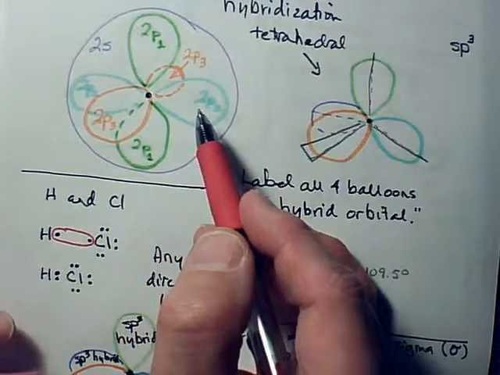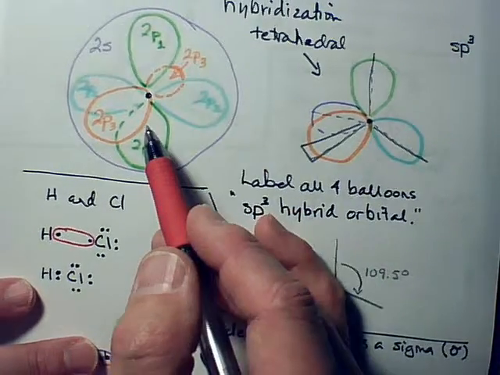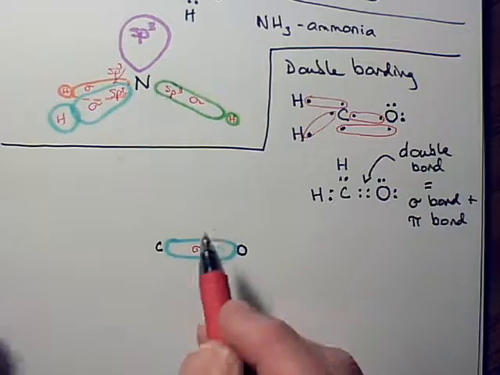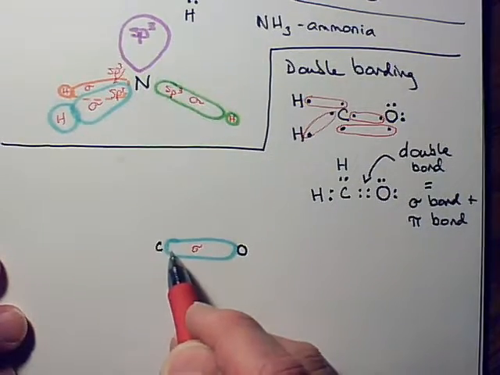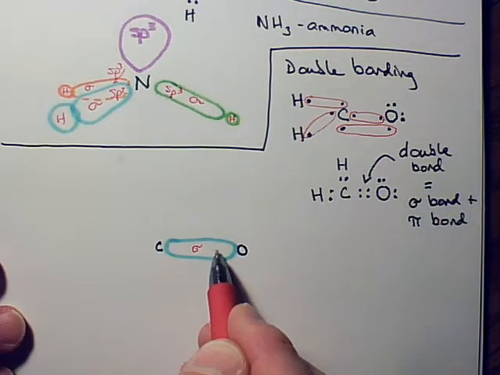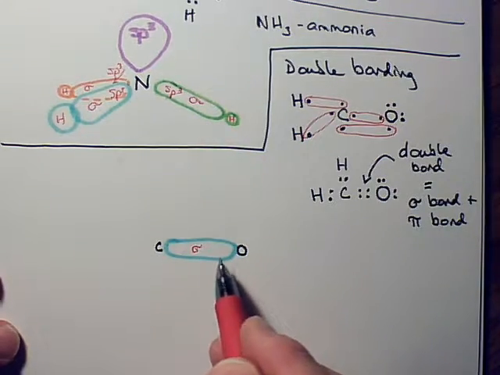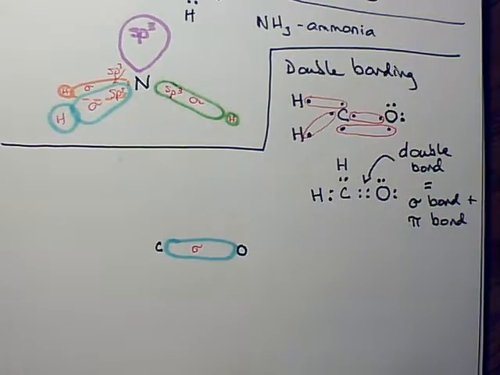One pair can't be close to another pair. So we need a second bond between carbon and oxygen that does not occupy this same space, an arrangement that gets that second pair away from the first.